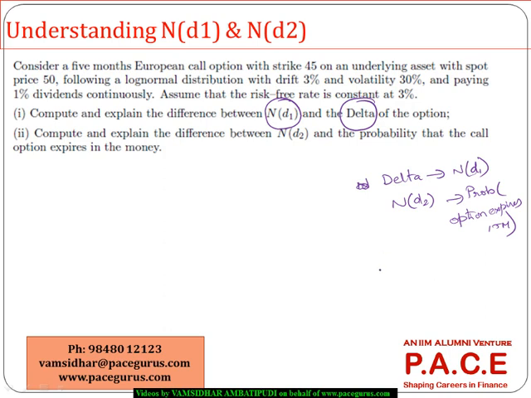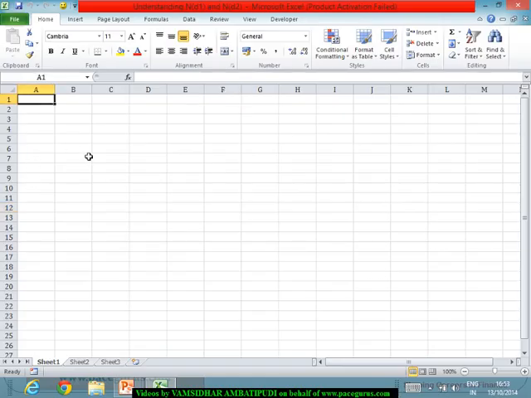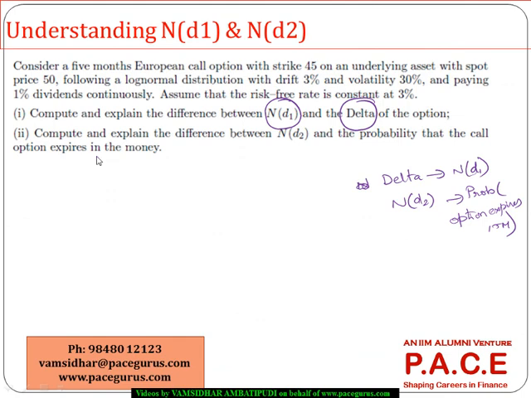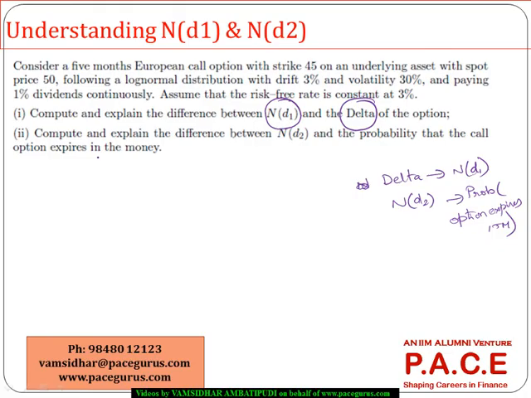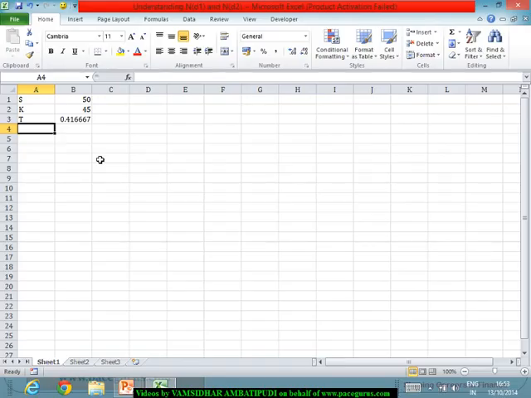Consider a 5-month European call option, strike price 45, spot price 50. So spot price is 50, the strike price is 45, and the time to maturity is 5 by 12 years, following a log normal distribution with a drift of 3%.